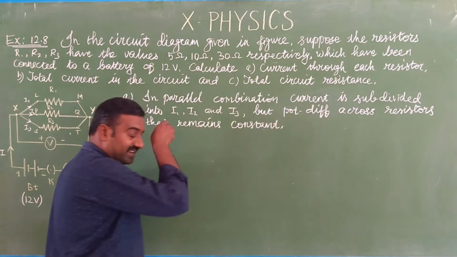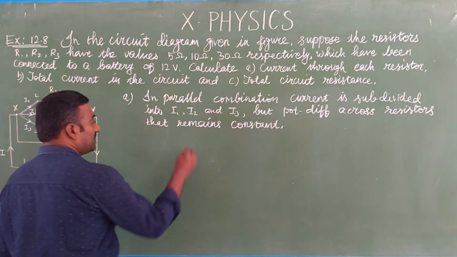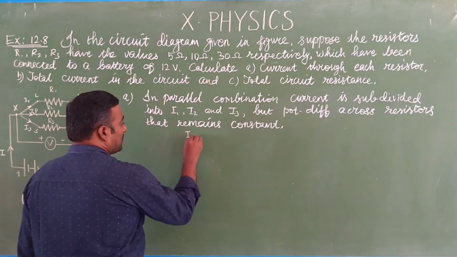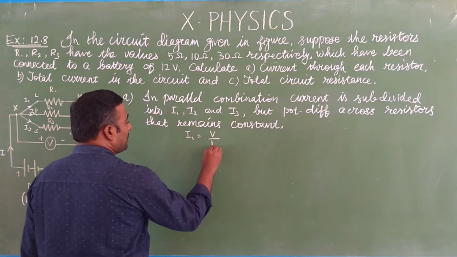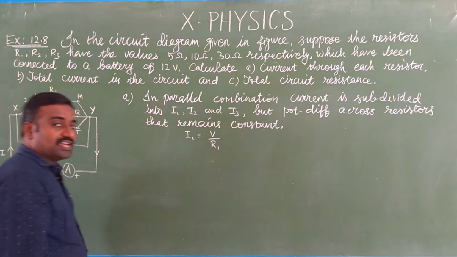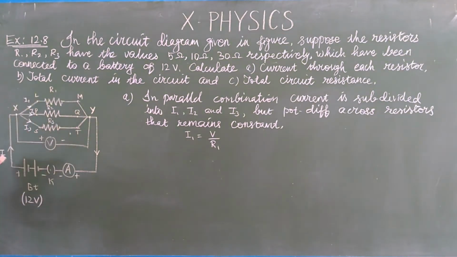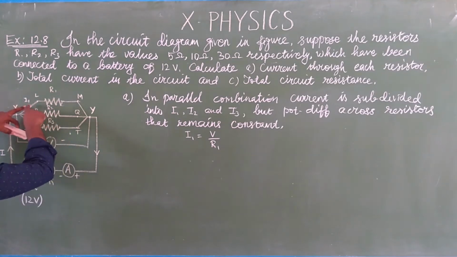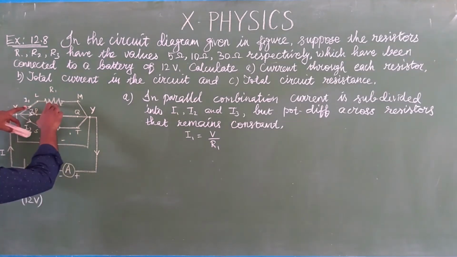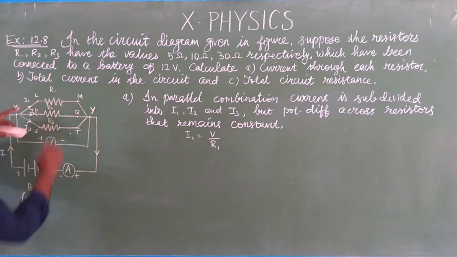So now we can calculate the current easily from Ohm's law. V is equal to IR, so I is equal to V by R. Here the current through resistor R1, I1, is equal to V by R1.